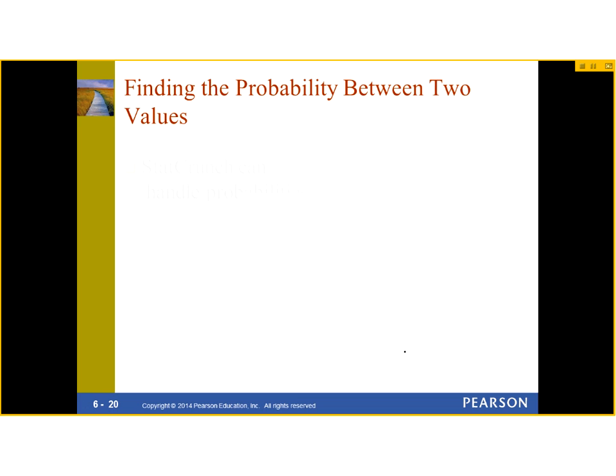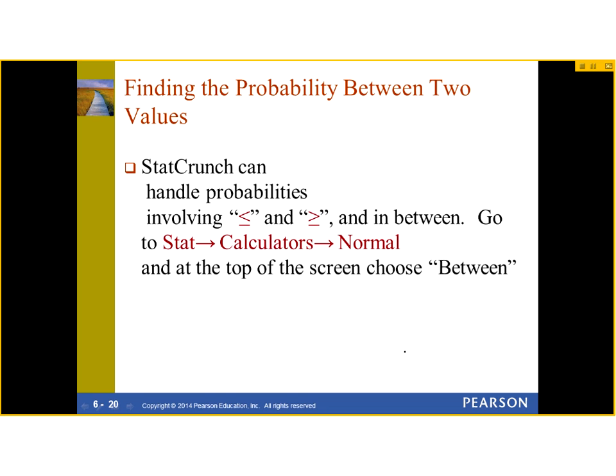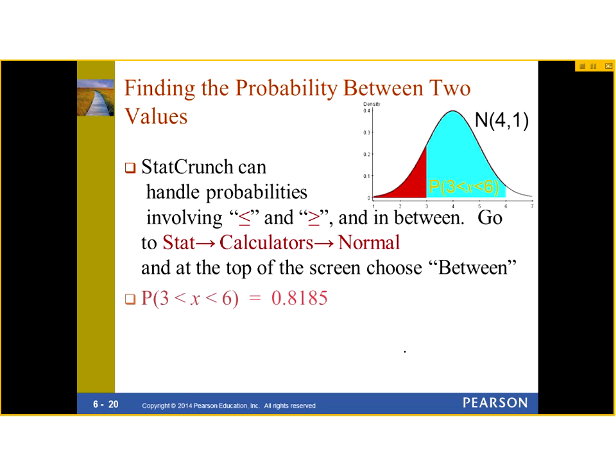Now, finding the probability between two values. If you were to pull up these PowerPoint slides from the multimedia library, it reads differently. I think these slides were written before StatCrunch had the ability to do between. So we're going to do stat calculators normal, and change to between at the top of the screen. Here we're trying to find the probability that x is between 3 and 6.